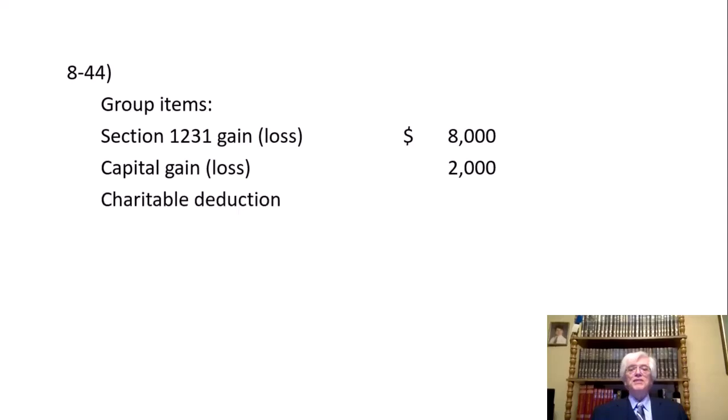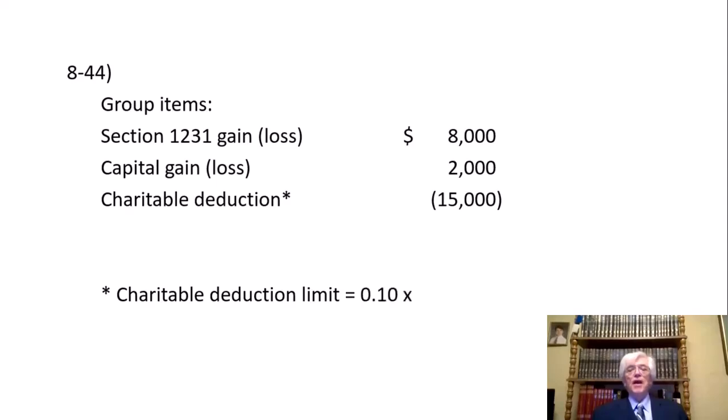For charitable deductions, however, there we have to check out what's going on. We have a total of $15,000 of charitable deductions, 13 by the parent and 2 by the sub. But we do have to check out our consolidated limit. So that's the asterisk here. What is our charitable deduction limit computed at the consolidation level? Well, it's going to be 10% of consolidated taxable income.